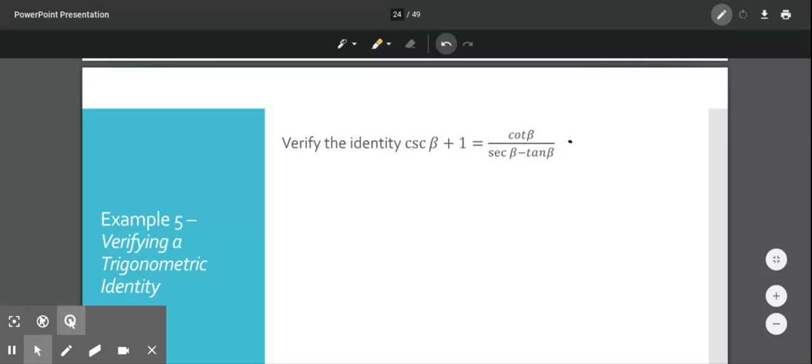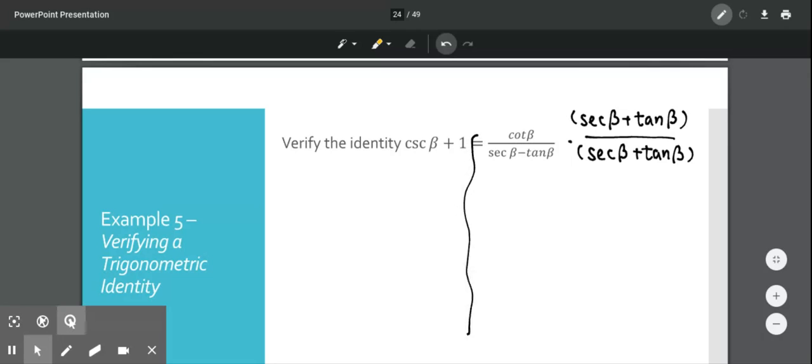So what we're going to do is multiply by secant beta plus tangent beta in the numerator and the denominator. So that way, we have that difference of squares in the denominator. Not multiply the fraction, multiply the factors.